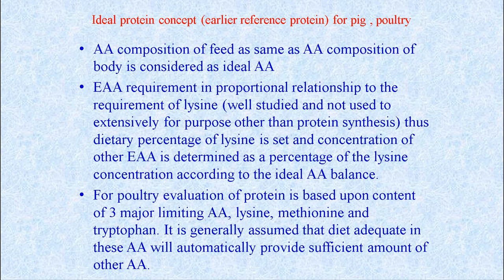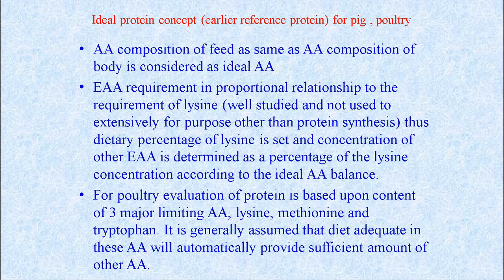So the AA or EAA are important, especially in the ideal protein concept or earlier reference protein concept for pig and poultry, which are monogastric in nature. In poultry, evaluation of the protein is based upon the content of three major limiting amino acids: number one lysine, methionine, and another one, tryptophan.